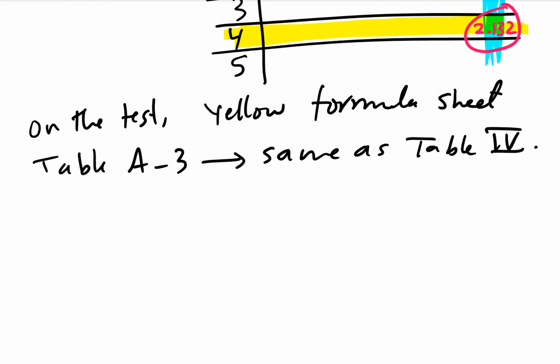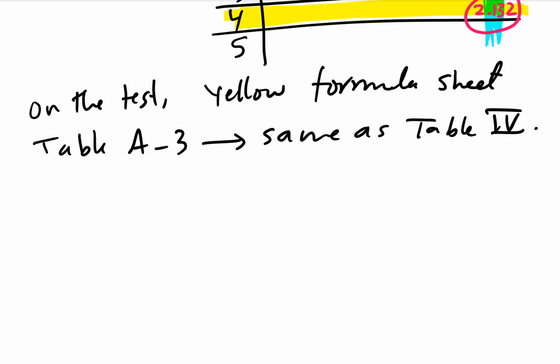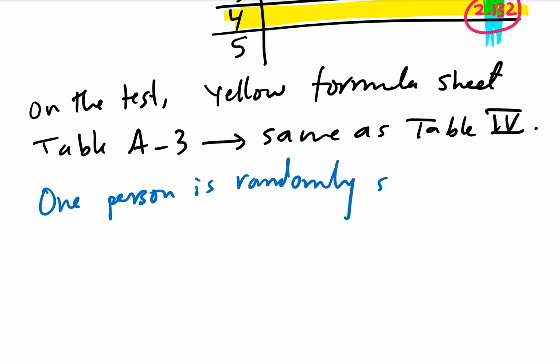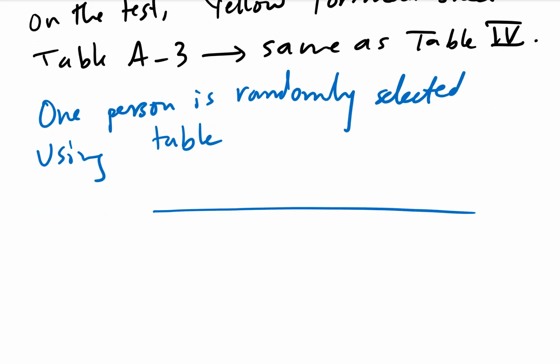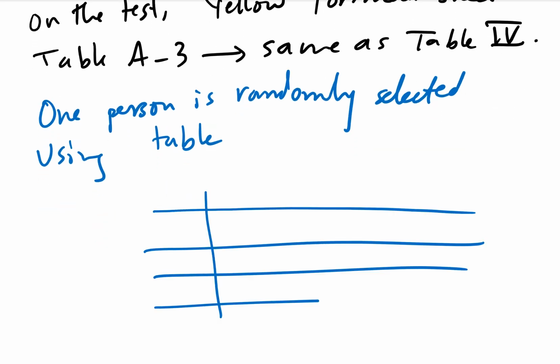So here we take another example. Say one person is randomly selected using this table below. Let's classify them as men, women. And what do we need to talk about?